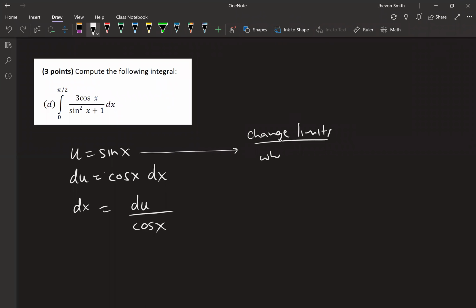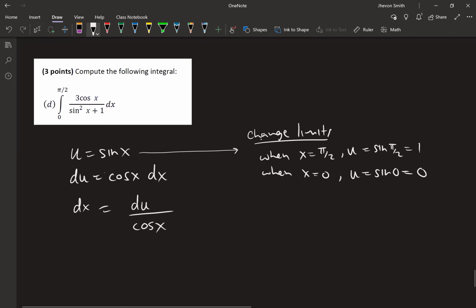So when x equals pi over 2, your u would be equal to sine of pi over 2, which is 1. And when your x equals 0, your u would be the sine of 0, which is 0.